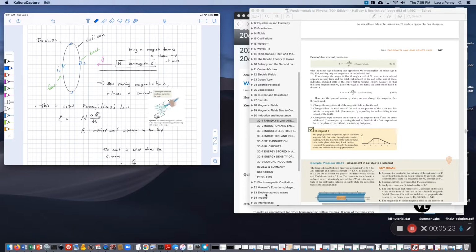I'm going to get current flowing in that direction because I brought the bar magnet towards it. I'm not going to touch the magnet with the wire. That's not what's making it do it. I'm actually inducing a current. So this moving magnetic field actually induces a current in the coil.